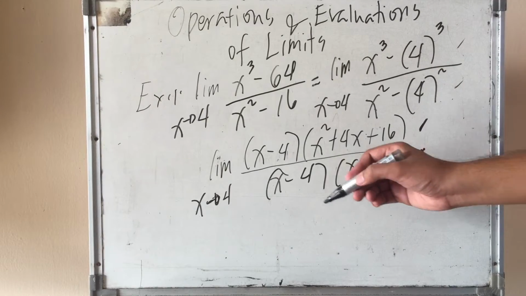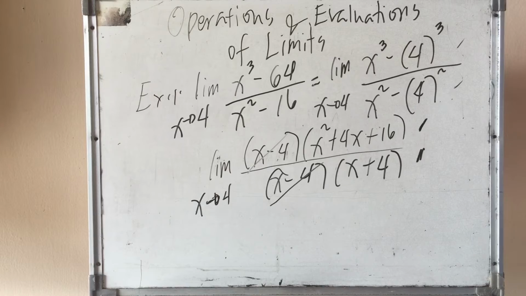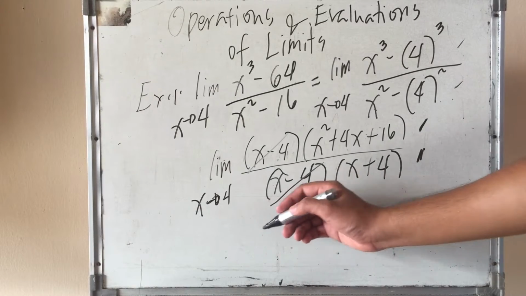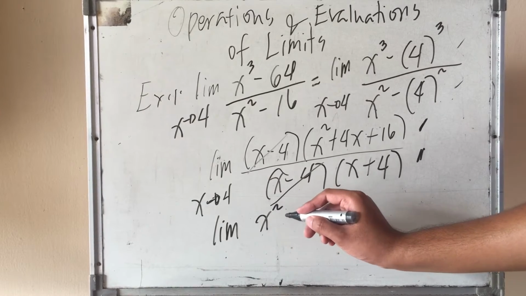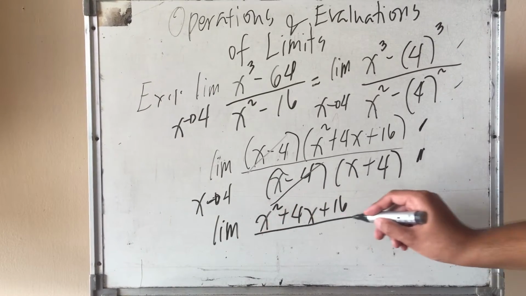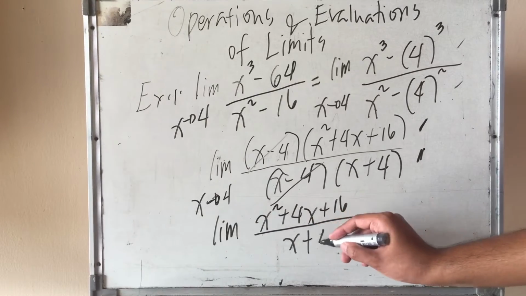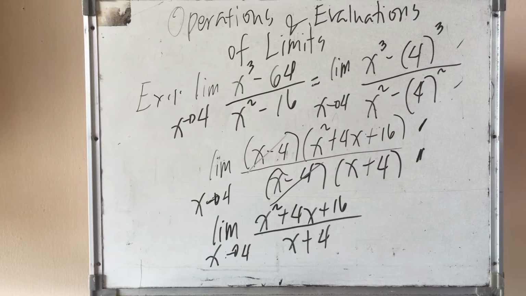So we can now cancel out x minus 4 and x minus 4. So we have the limit of x squared plus 4x plus 16 divided by x plus 4 as x approaches 4.